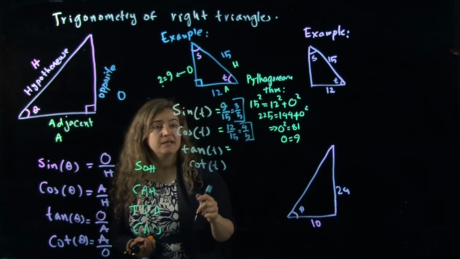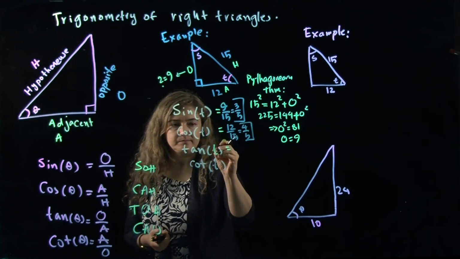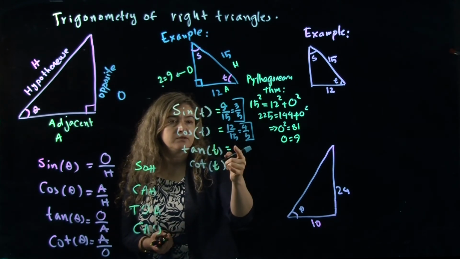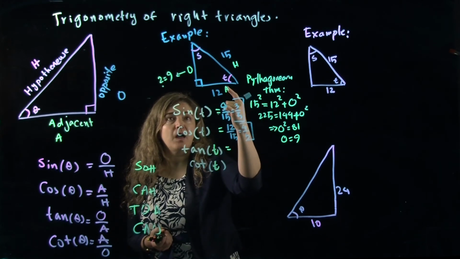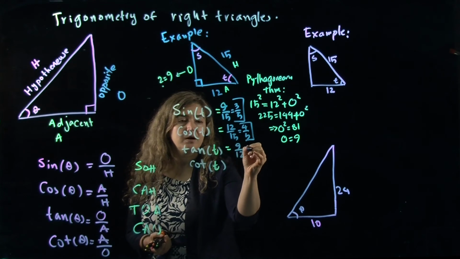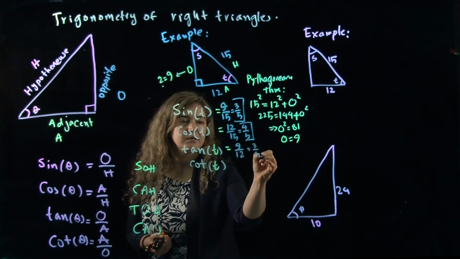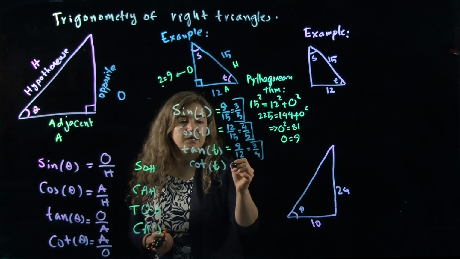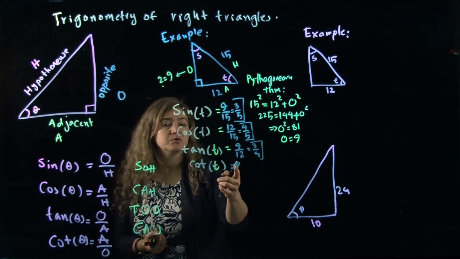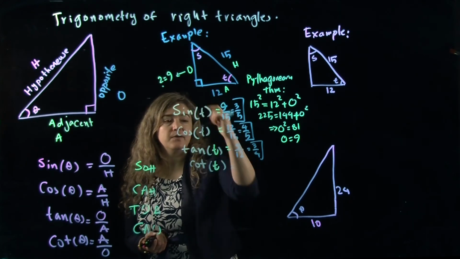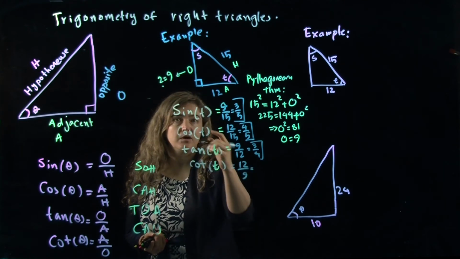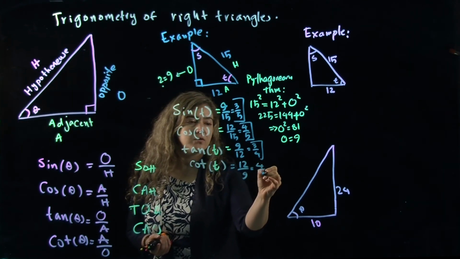Tangent of t and cotangent of t. Tangent of t is equal to opposite over adjacent. That is 9 over 12, which is 3/4. Then cotangent of t is going to be equal to the adjacent divided by opposite, and that's 4 over 3.